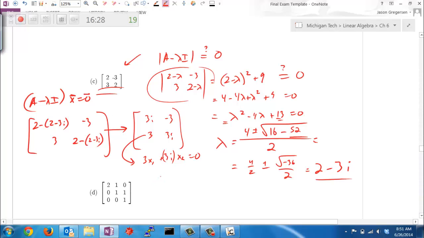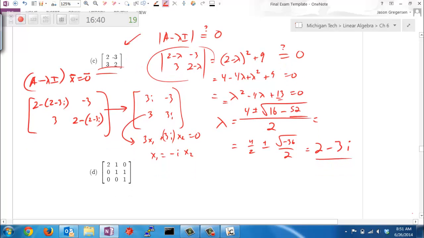I'm going to solve it for x1. I'll subtract over 3i x2 and then divide by 3. I will get a negative i times x2. And then I write out my eigenvectors, my solutions to this homogeneous system here. It's an x1 and x2 value. When I solved it for x1, it's basically taking x2 to be my free variable. And then what's x1?